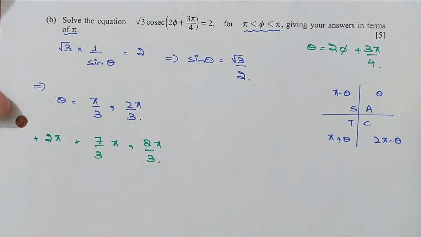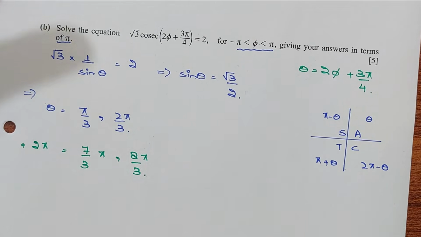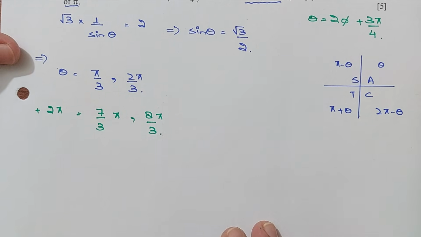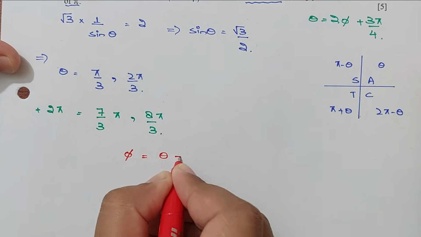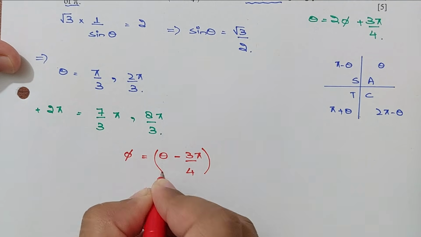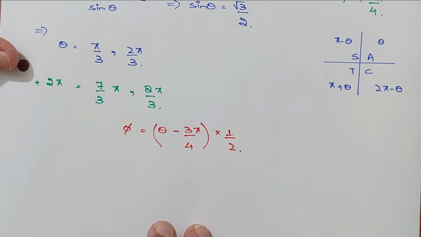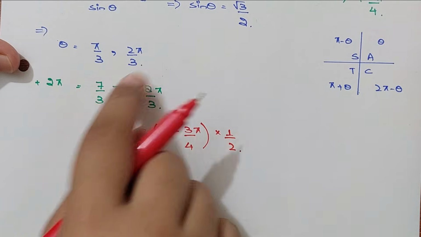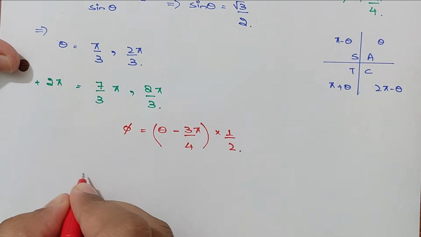Right. Now this is the value for theta. Let me solve for phi from here. We can say phi is going to be theta, subtract 3 pi by 4 and multiply by 1 by 2. All right. So these are the 4 values of theta. We have to subtract 3 pi by 4 and multiply by 1 by 2.